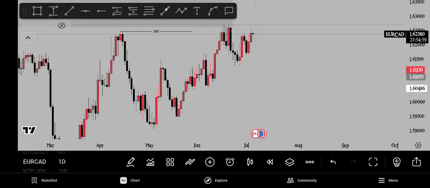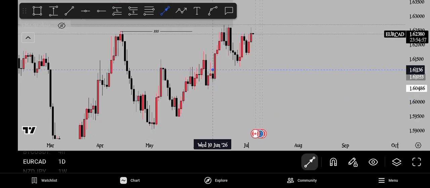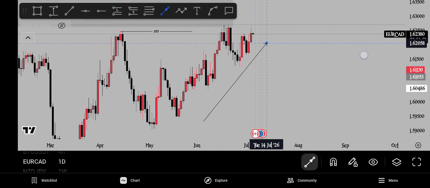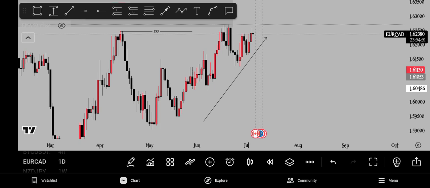So price has been rallying upward with a series of higher highs, higher lows on the daily time frame, right?